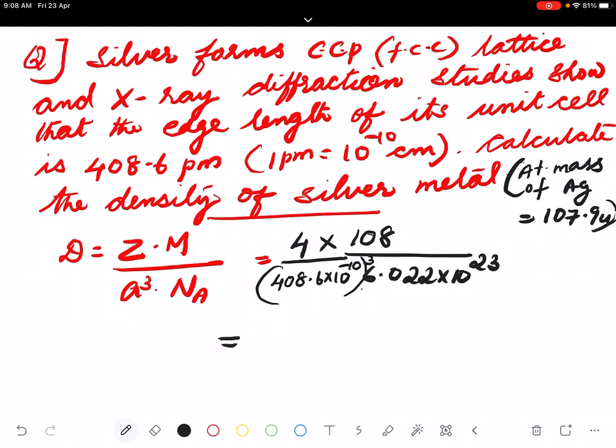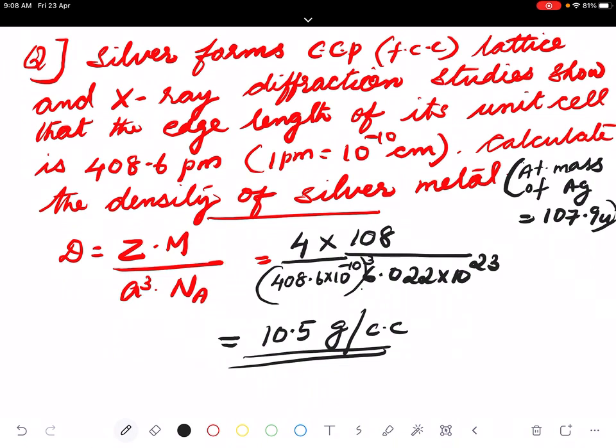After calculating, you will be getting the answer as 10.5 grams per cc. So the calculation is a little tedious here. You will be getting easy calculations only in the board examination. Nowadays, logarithm tables are not provided because they are giving easy calculations.